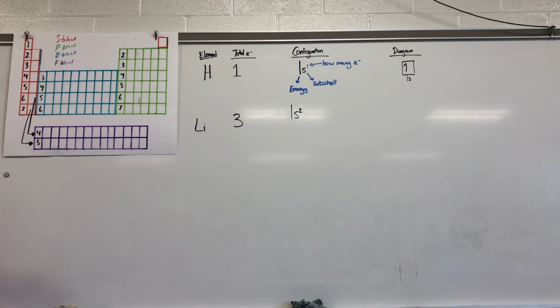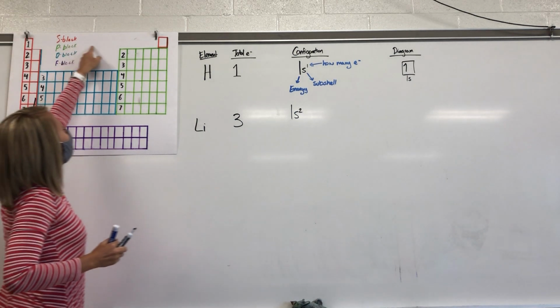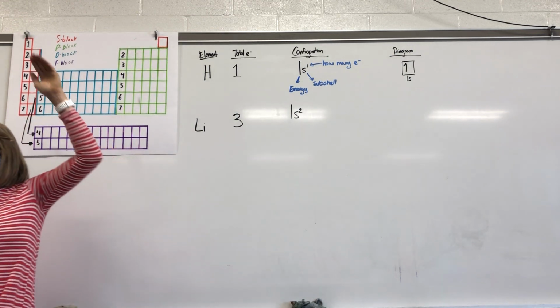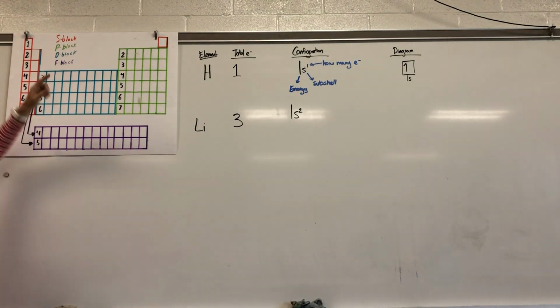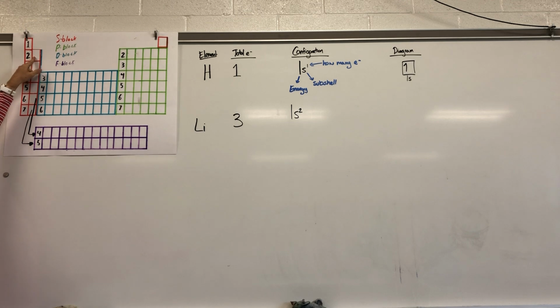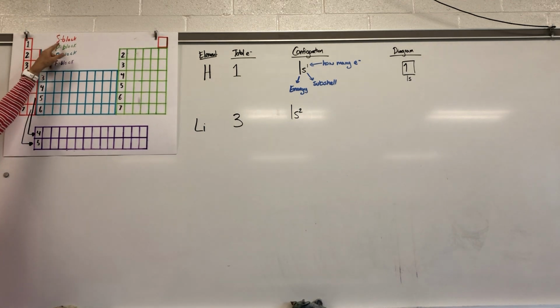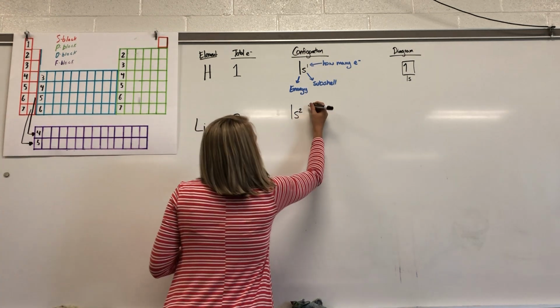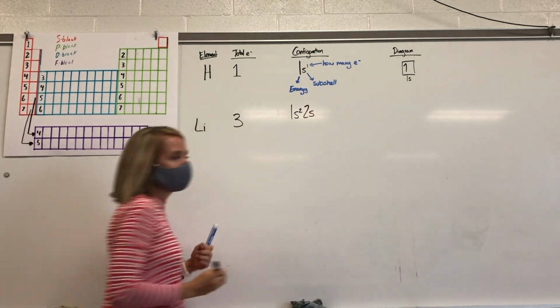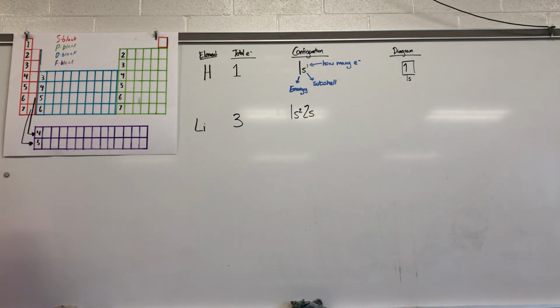Okay, looking at my periodic table, there's nothing else on the first row. So I'm going to go to the next row. What orbital comes next? The 2s orbital. How many electrons am I going to place in this 2s orbital?